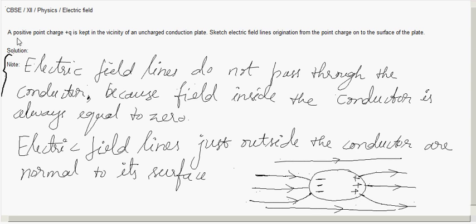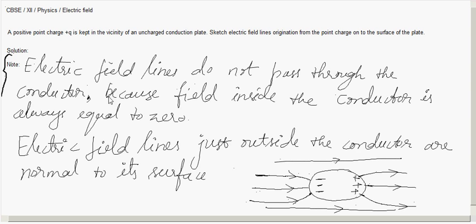A positive point charge plus Q is kept in the vicinity of an uncharged conduction plate. Sketch the electric field lines originating from the point charge onto the surface of the plate. Remember this second note to draw this: electric field lines just outside the conductor are normal to its surface. So for this conduction plate, whatever field lines are falling, they should be normal to its surface.